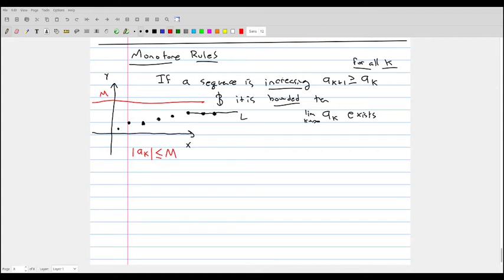So if it's increasing or decreasing, which is that a_{k+1} is less than or equal to a_k, and it's bounded, then the limit has to exist.